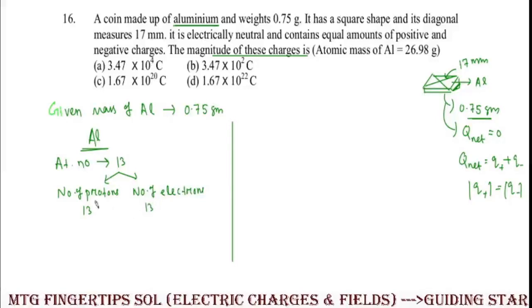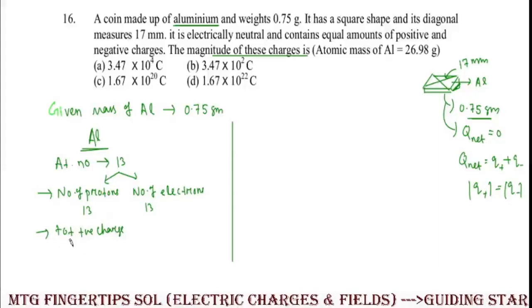Clear? So if the number of protons is 13, that means we have a total positive charge.